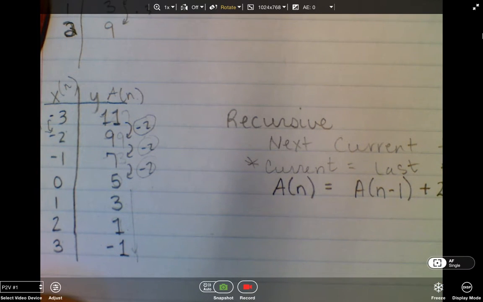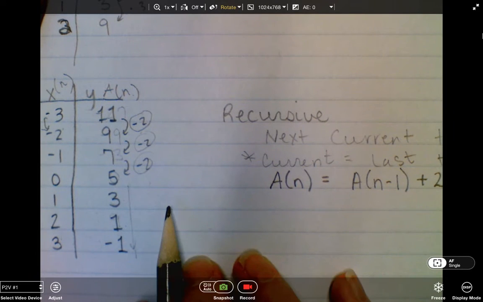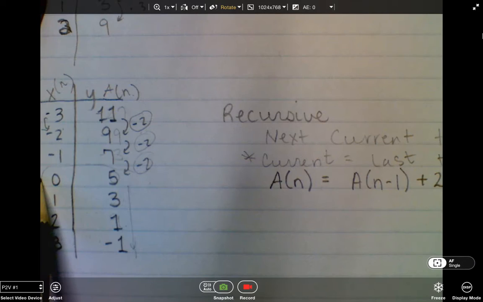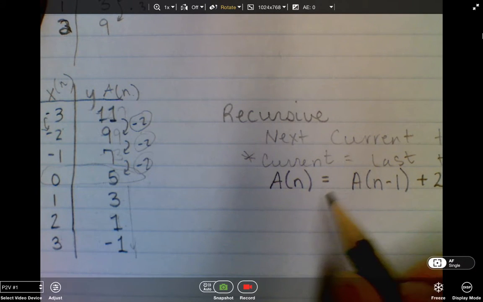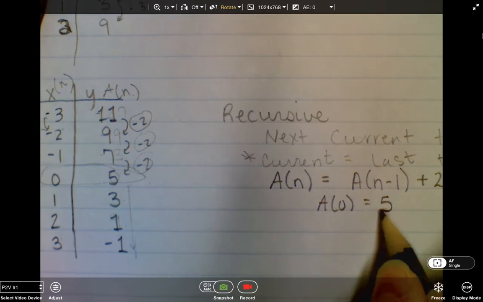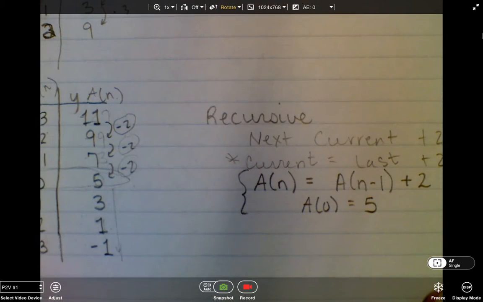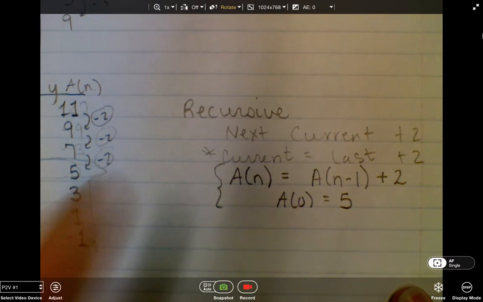And then I'm going to give somebody a starting place, so I'm going to choose a term here, and I'm going to say that a of 0 is 5. So that's my recursive equation for a linear function, and they're all going to follow this same kind of pattern.